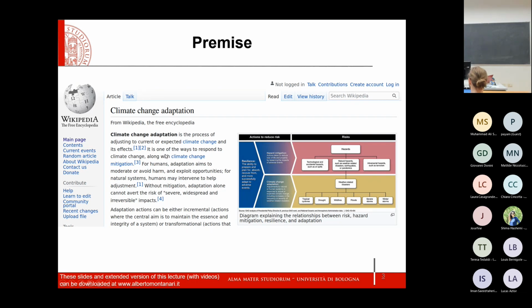Adaptation may be incremental. This is something to be kept in mind. Incremental means that you can adjust it. And remember, when you deal with the environment and the climate, if you can adopt flexible solutions, it's much better. And if you can adopt no-regret solutions, it's much better. What is a no-regret solution? It is something that anyway doesn't lead to any regret, which means that in the worst case, you don't get any benefit, but you don't get any damage.